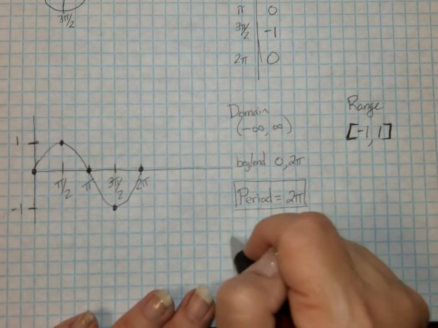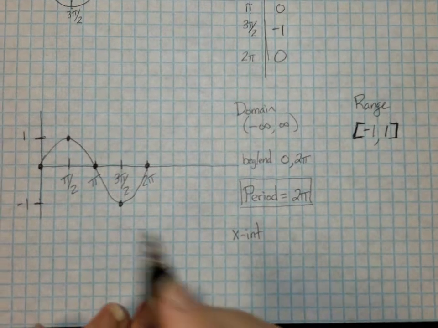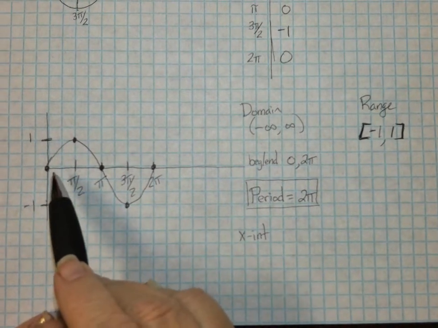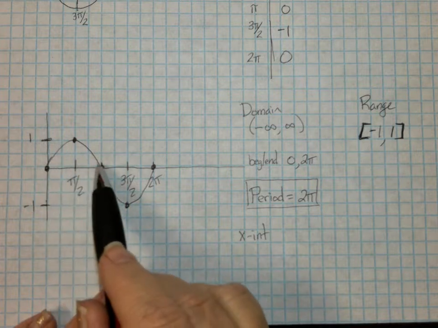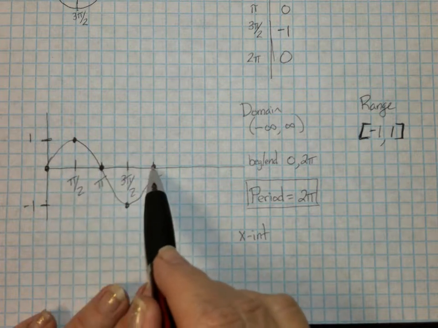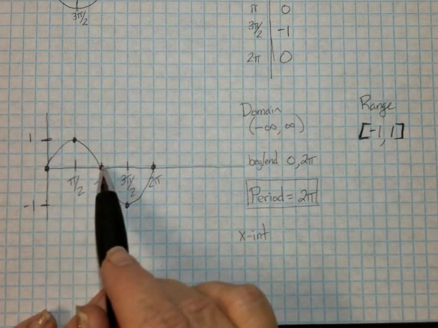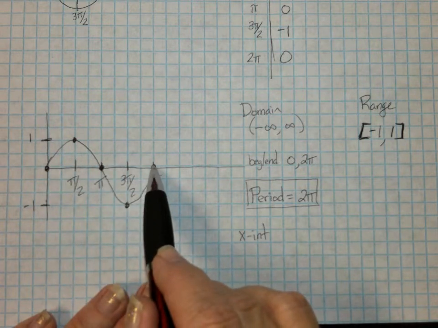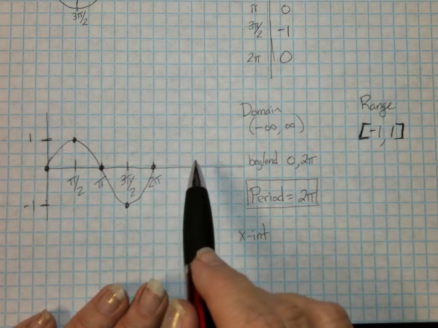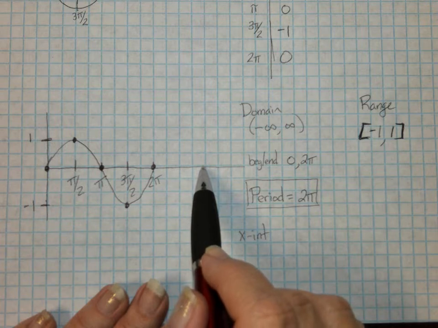Alright, we want to talk about our x-intercepts. Just in this one cycle, it crosses the x-axis 3 times. Here we have 0, 0, pi 0, 2 pi 0. Where's it going to hit again? Three pi, right?